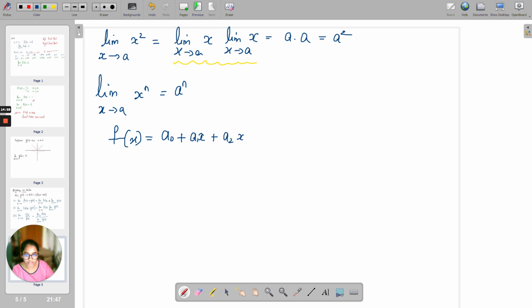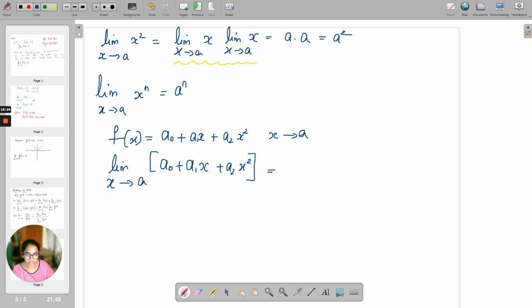a2x square. Now, what would be the limit if x is tending to a? Okay, let me write it. Limit x tending to a of a naught plus a1x plus a2x square.